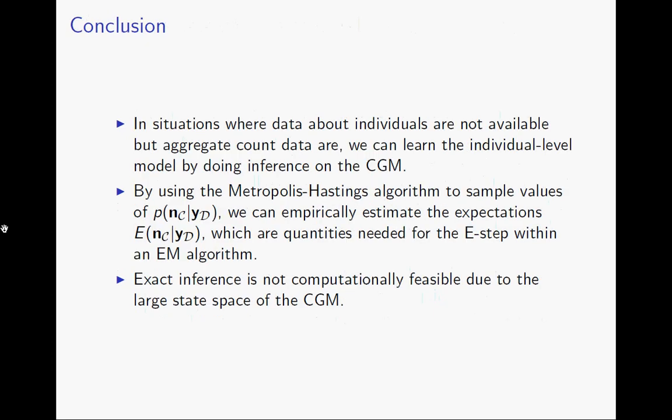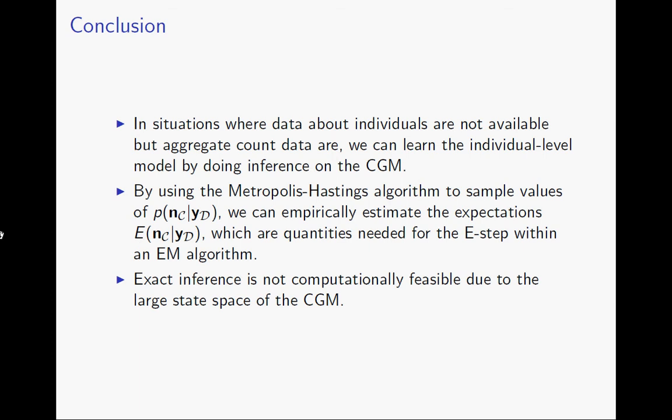So in conclusion, in situations where data about individuals are not available, but aggregate count data are, we can learn the individual-level model parameters by doing inference on this collective graphical model, which is essentially the model over the sufficient statistics. By using the Metropolis-Hastings algorithm to sample values from a posterior distribution, we can empirically estimate the expectation of a posterior, which are quantities we need for the E step within an EM algorithm.